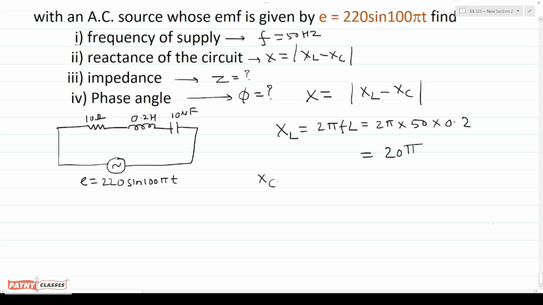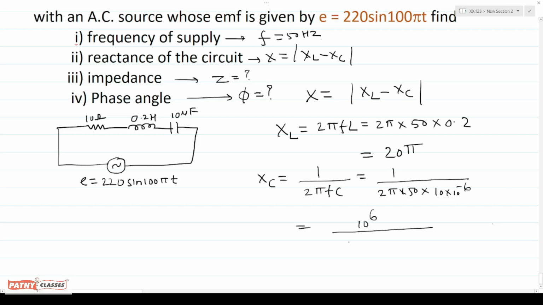Now XC equals to 1 upon 2 pi FC equals to 1 upon 2 pi, F value 50, C value 10 microfarad, that is 10 into 10 raised to minus 6 farad, equals to 10 raised to 6 upon pi into 1, 2, 3 zeros.